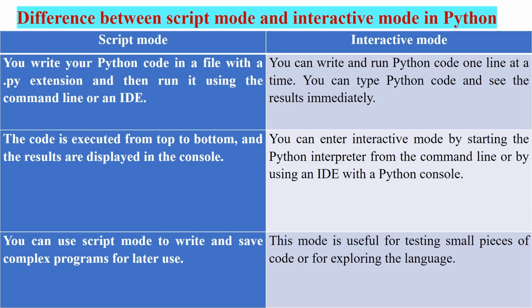In interactive mode, you can enter interactive mode by starting the Python interpreter from the command line or by using an IDE with a Python console. Third point. In script mode, you can use script mode to write and save complex programs for later use. But in interactive mode, it is useful for testing small pieces of code or for exploring the language.